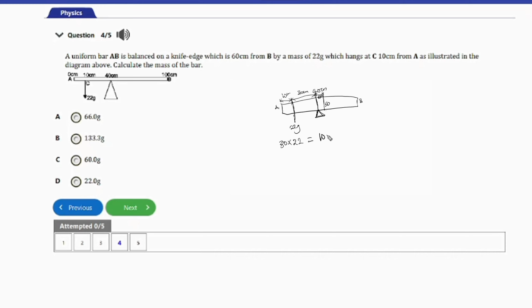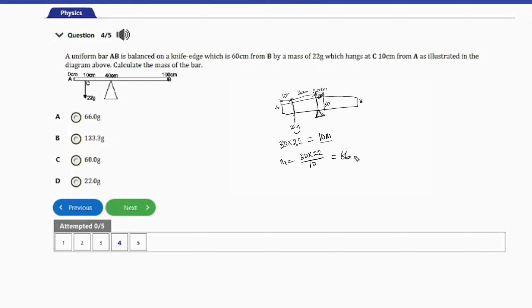So it means that 30 times 22 is equal to 10m. So m alone is going to be 30 times 22 over 10.